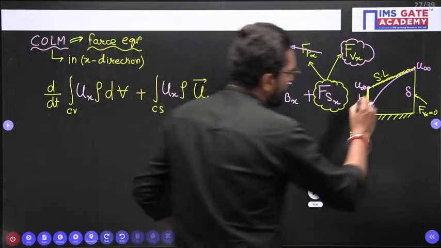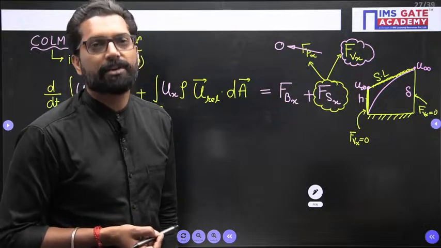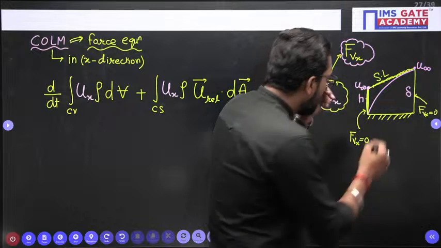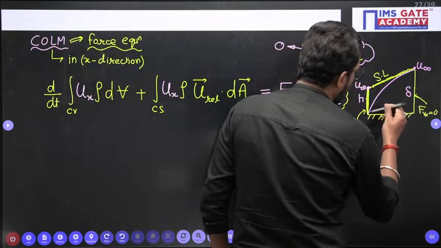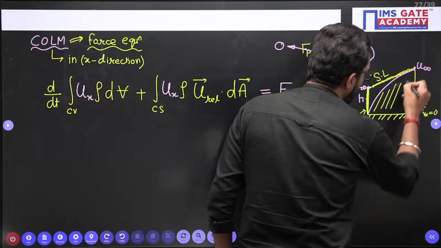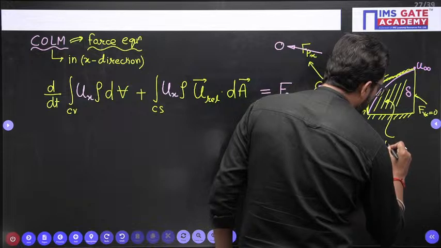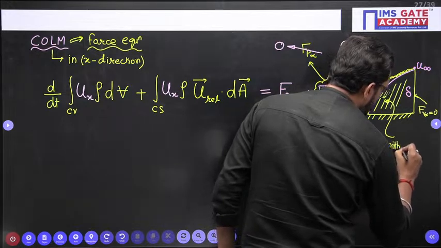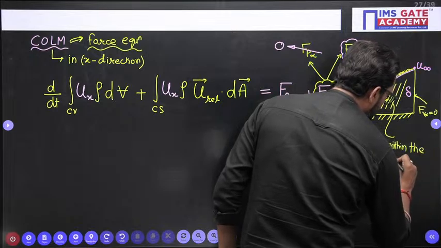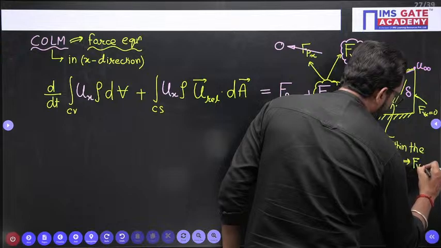Now along the streamline there is no viscous force. Why? Because this is the viscous region, within the boundary layer. Within the boundary layer, viscous force is there.